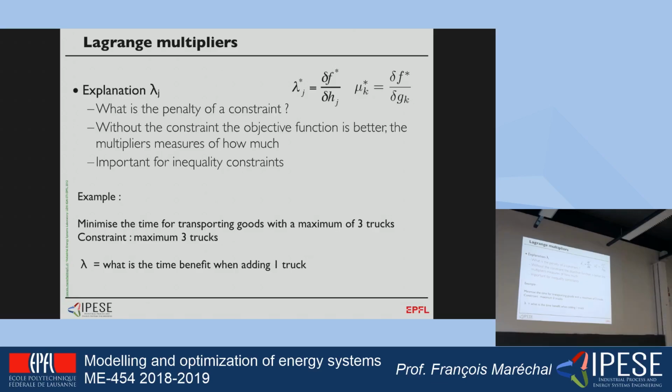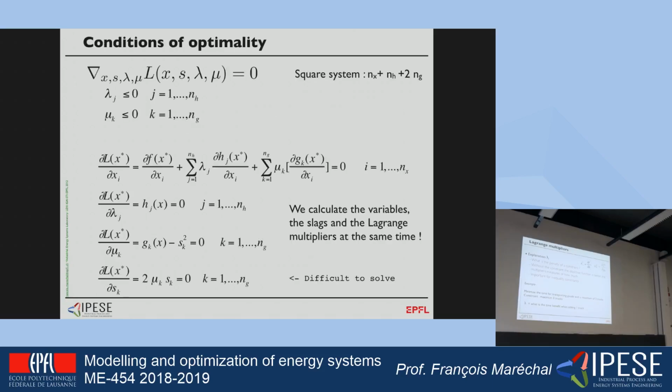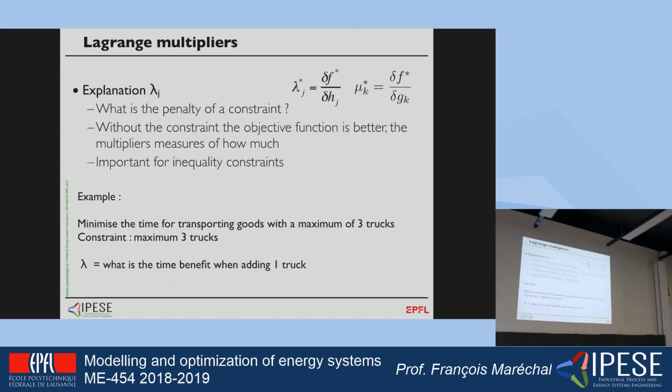And something which is important, so I have told you that in this equation here, when s is bigger than 0, mu has to be equal to 0. What does it mean? It means that the objective function is not influenced by the value of the inequality constraints, meaning that the inequality constraint is not active.